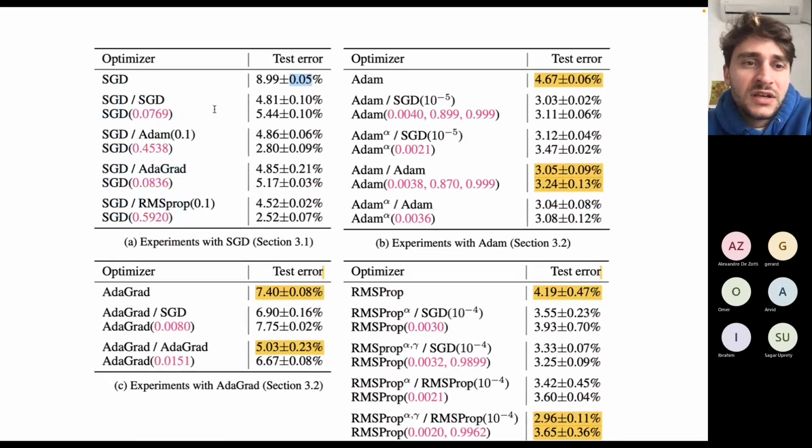And then, if you look over here, these are the results with stochastic gradient descent where the learning rate of stochastic gradient descent is also optimized with stochastic gradient descent. The error reduces to 3%, and then when they use the final learned hyperparameter, they get an error of 5%.